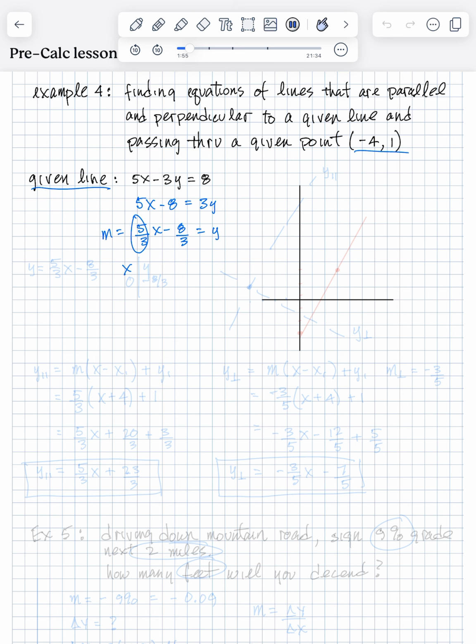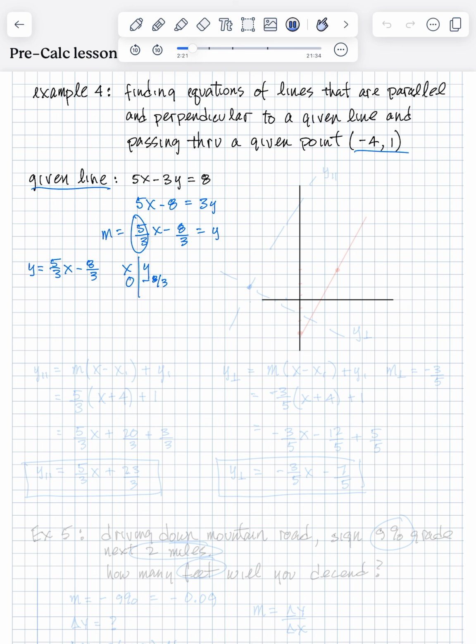This is the equation that we're going to use. Let me write it again. Y equals 5 thirds x minus 8 thirds. So this is what we're going to graph. So when x is 0, y is negative 8 thirds.